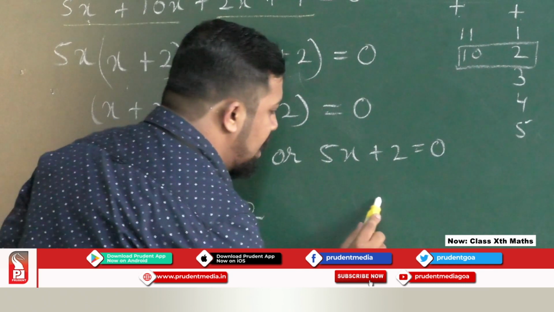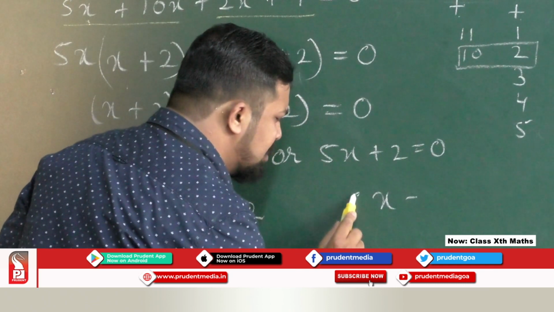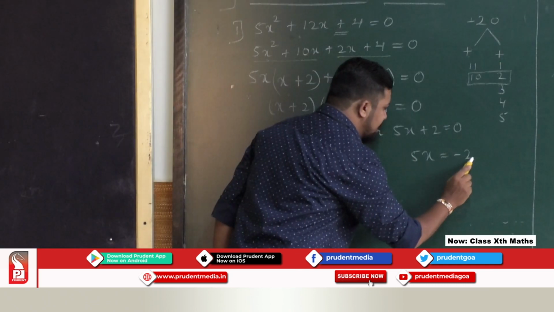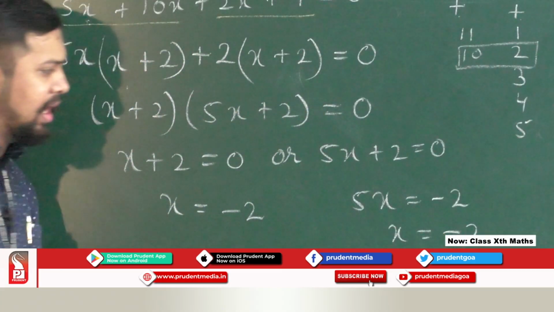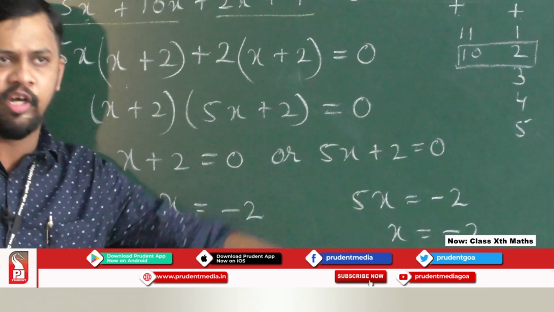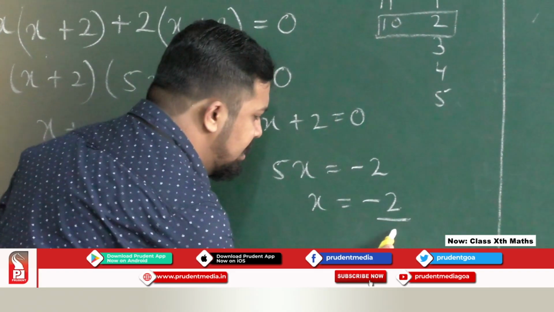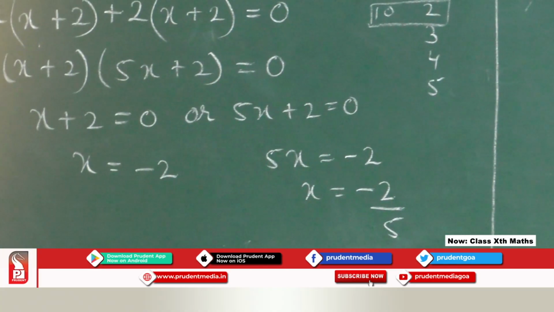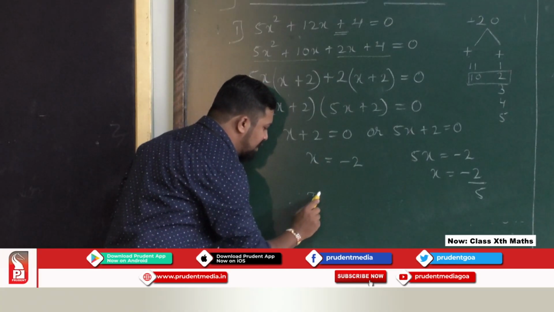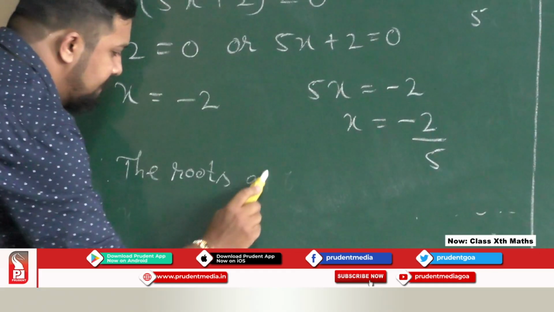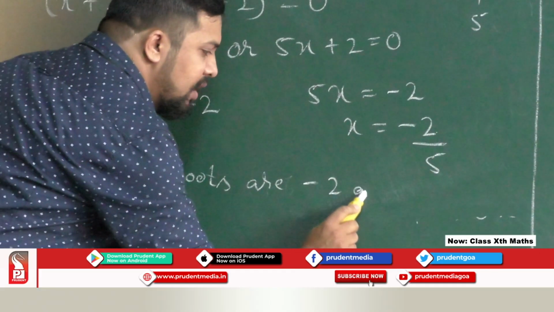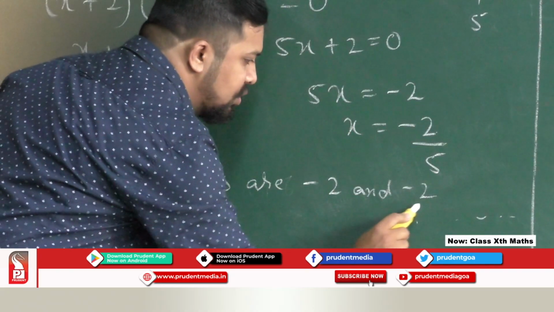Same way here also, 5x, again minus 2, so x equals, the multiplication number when transposed to the other side becomes division, that is minus 2 upon 5. And the final statement is: therefore, the roots are minus 2 and minus 2 by 5.